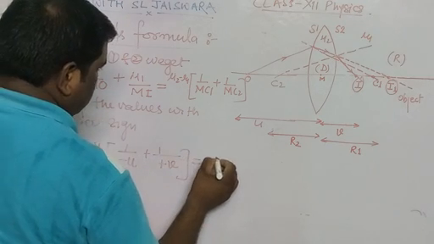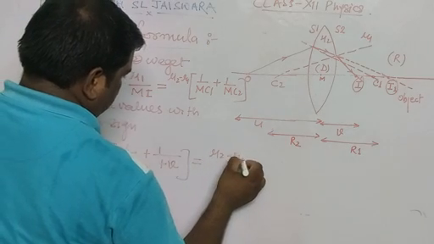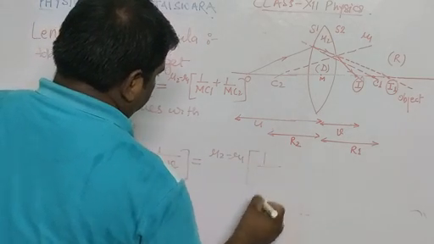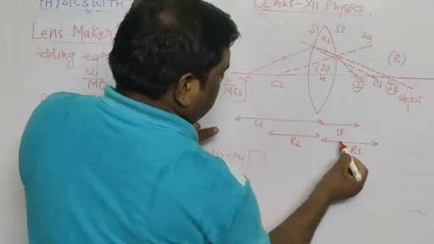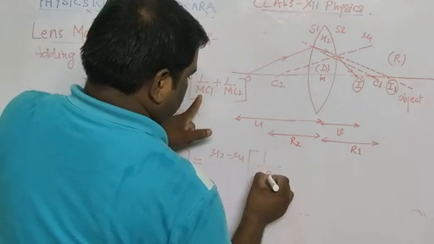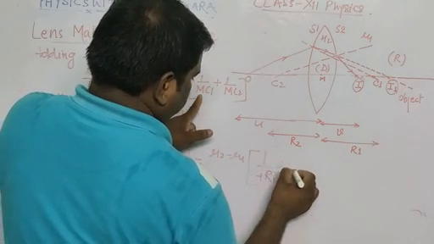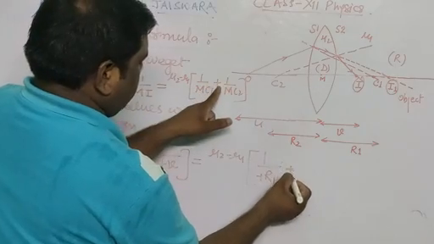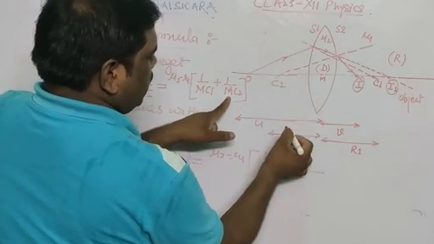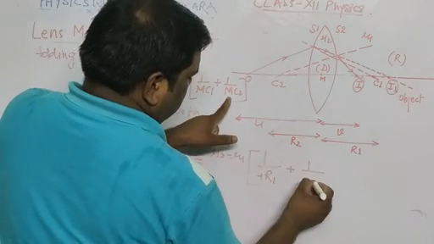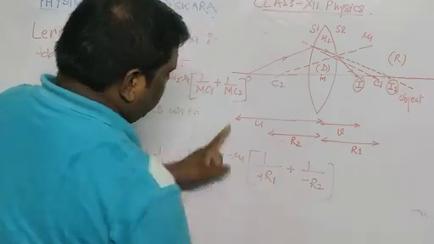This is equal to mu2 minus mu1 in bracket 1 upon mc1, that is equal to r1, plus 1 upon mc2, which will be r2, but the sign of r2 will be minus.